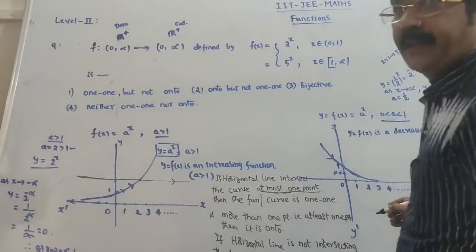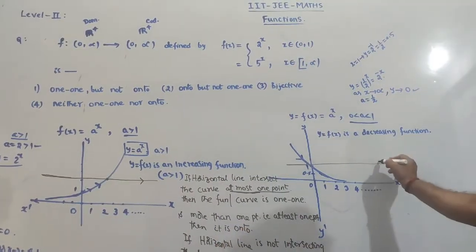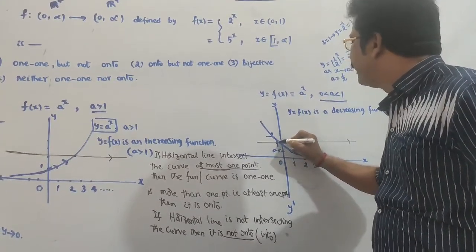Similarly, you come here. Let us draw one horizontal line, means parallel to x-axis. It is intersecting at only 1 point here.